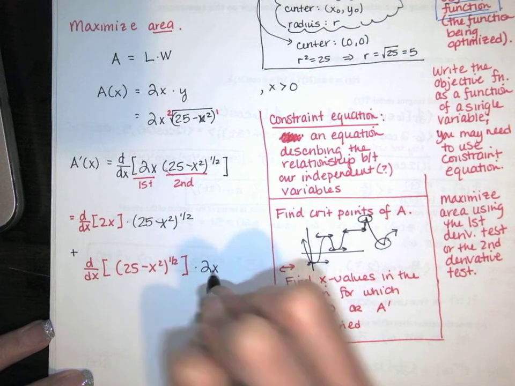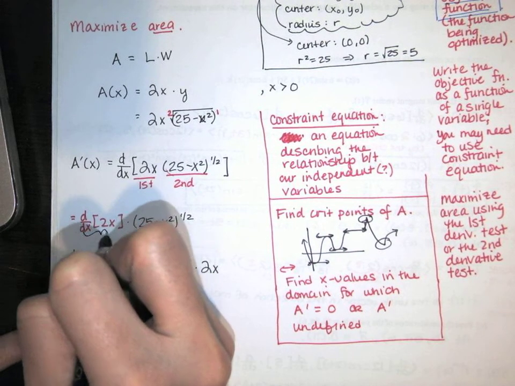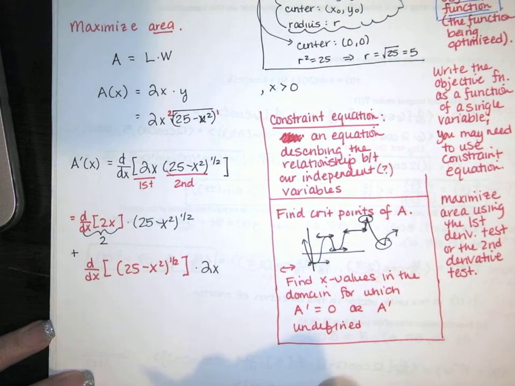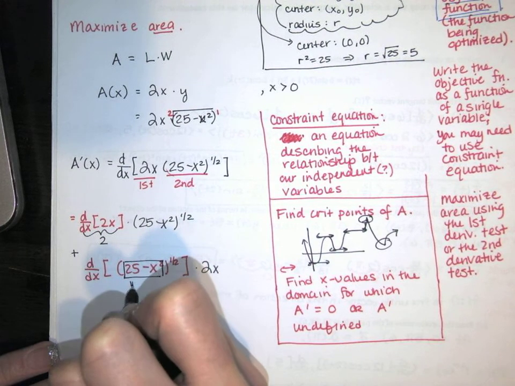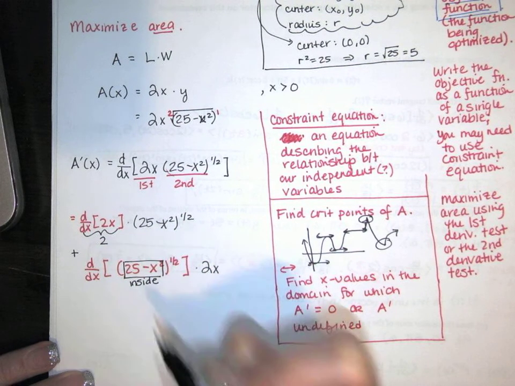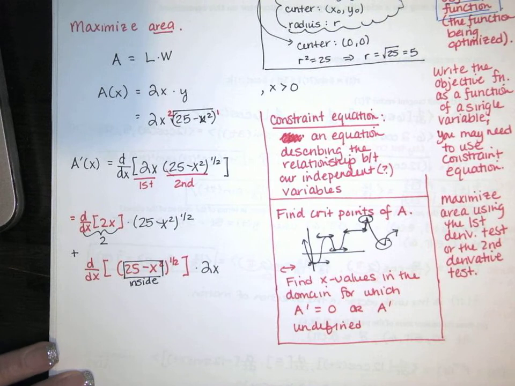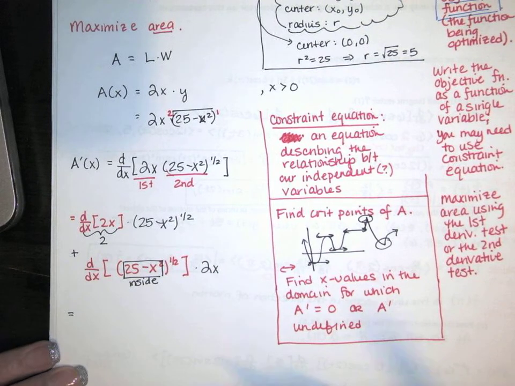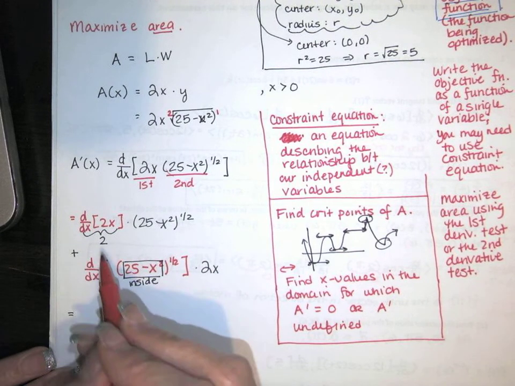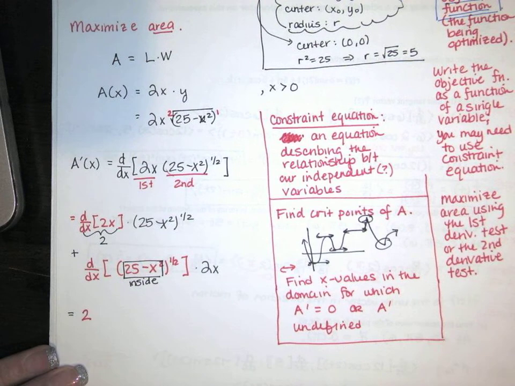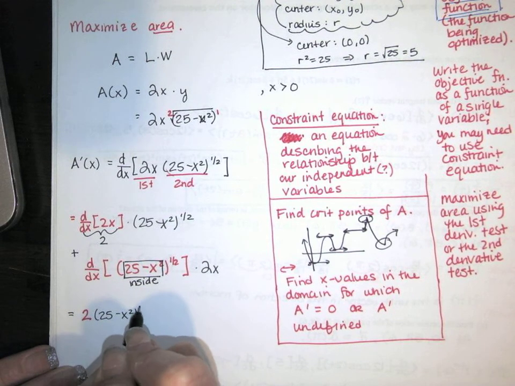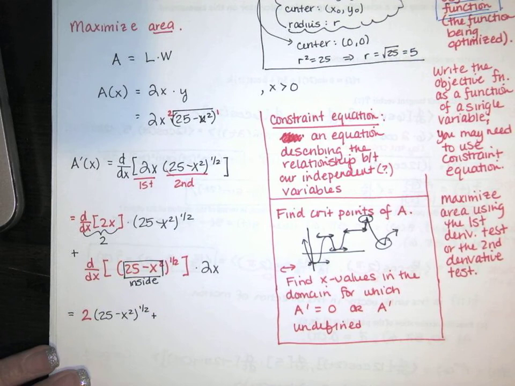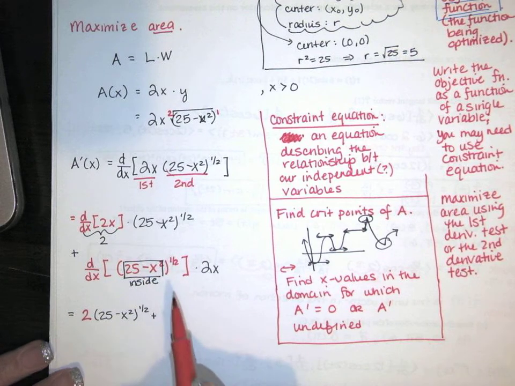And you leave that function alone. Derivative of a constant times x is just our constant. And over here, got to use the chain rule. I've got an inside function. So let me write down what I did already. We've got 2 times 25 minus x squared to the 1/2 plus derivative of this piece.